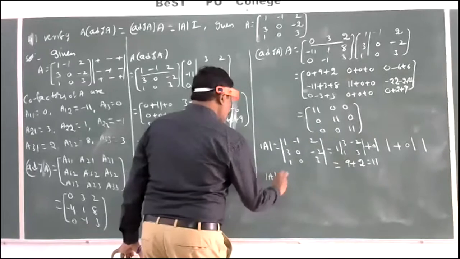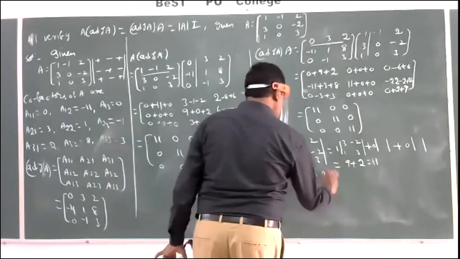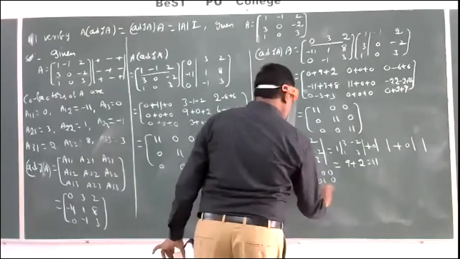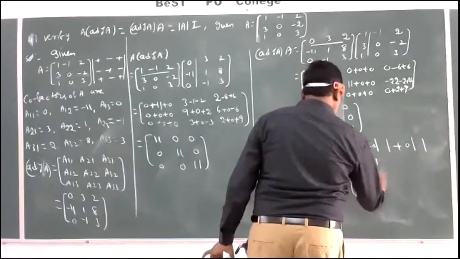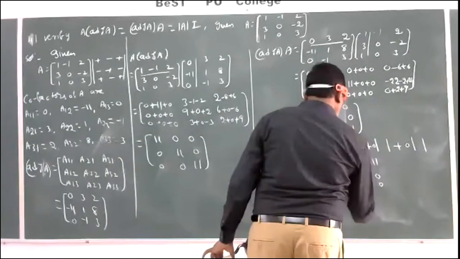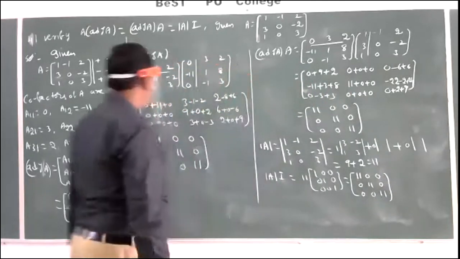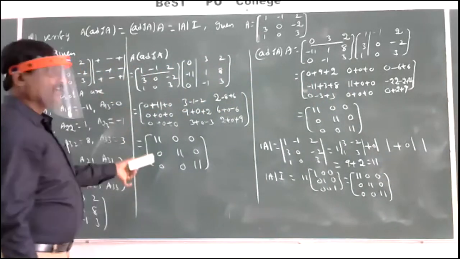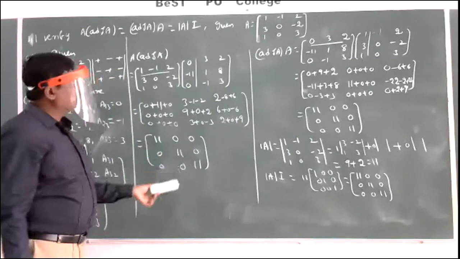Det A into I, 11 into I means [1, 0, 0; 0, 1, 0; 0, 0, 1]. This is equal to [11, 0, 0; 0, 11, 0; 0, 0, 11]. Here compare all the three. A into adjoint A is 11 0 0 0 11 0 0 0 11.